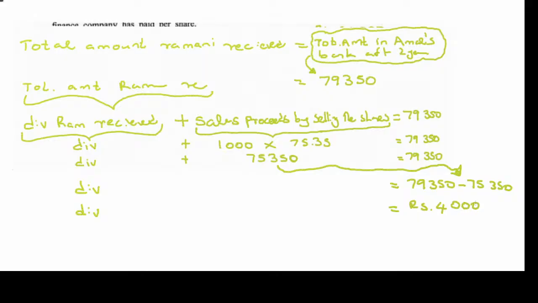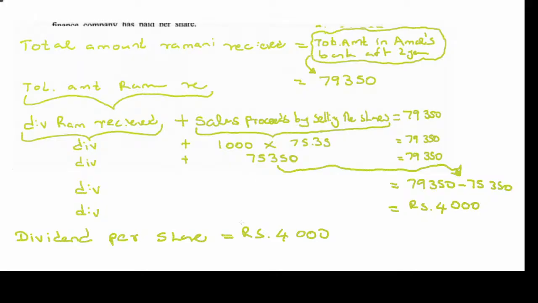But the question here is, how much dividend is the finance company paying per share? So how do you find that? Dividend per share is equal to rupees 4,000 divided by the number of shares Ramani had.